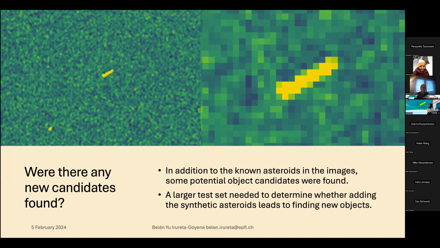We still need to do some further analysis on the PSF and other metrics to figure out whether they are real objects or not. But some of them seem promising, which means that we need to test it on a much larger test set instead of just 150 images. But we might be able to find some of the streaks that had been left out by the current CTF pipeline.